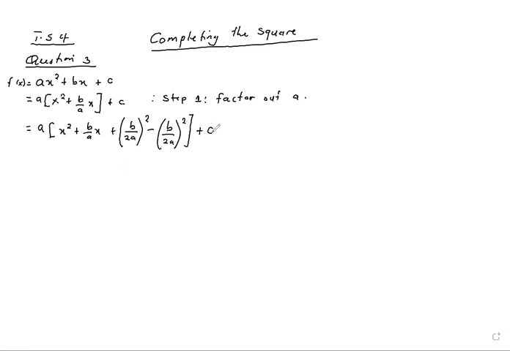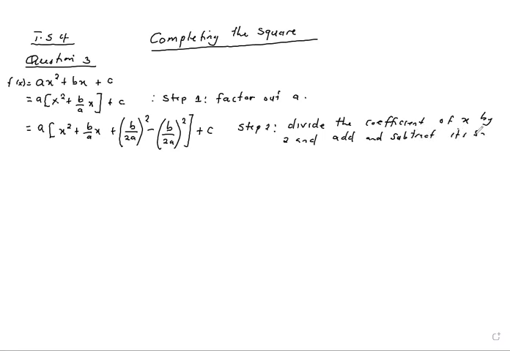So we are saying step 2 of the quadratic, you divide the coefficient of x by 2 and add and subtract its square.